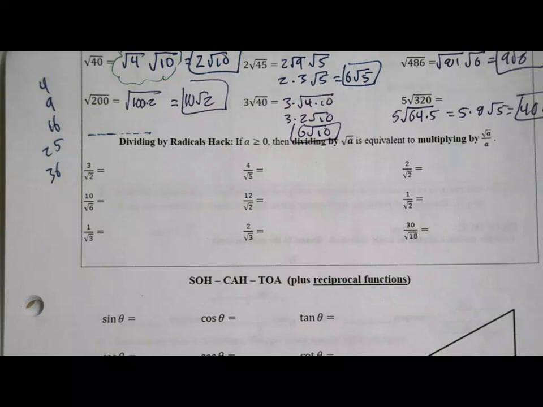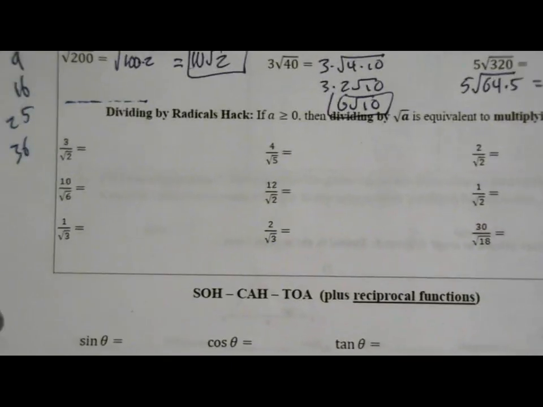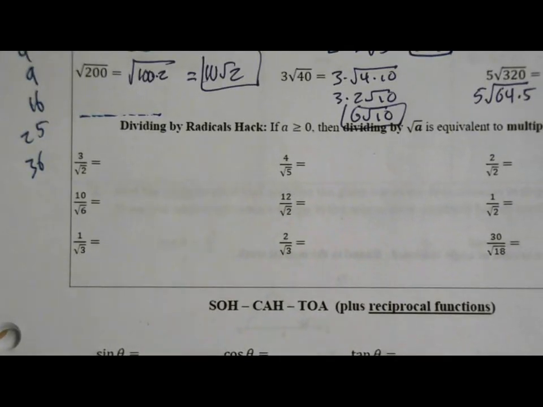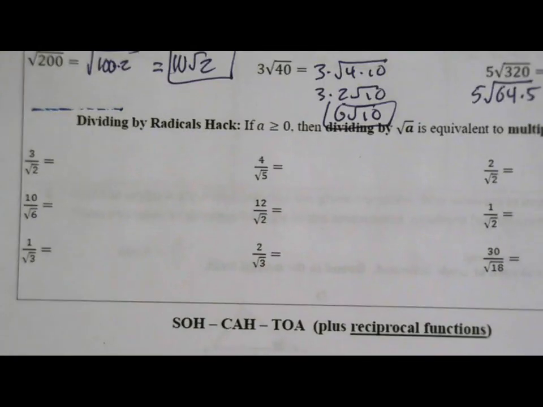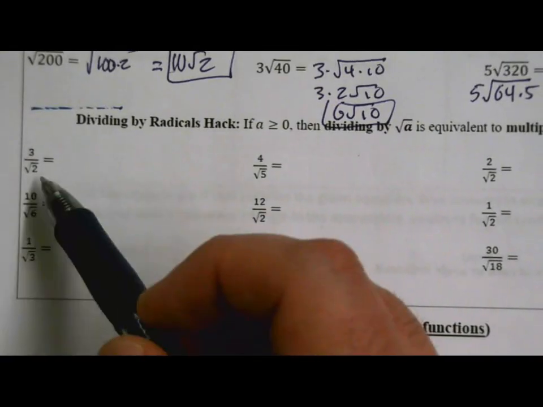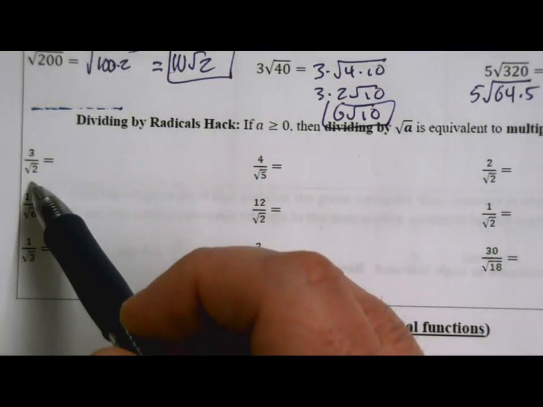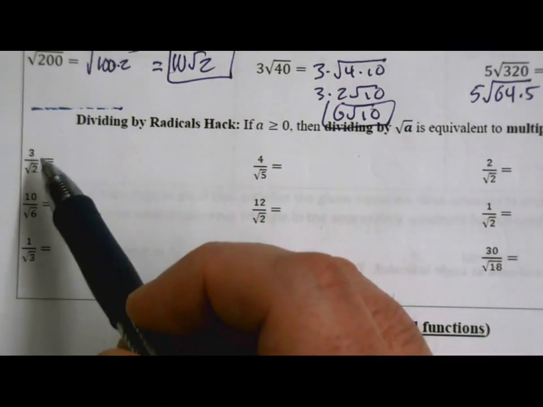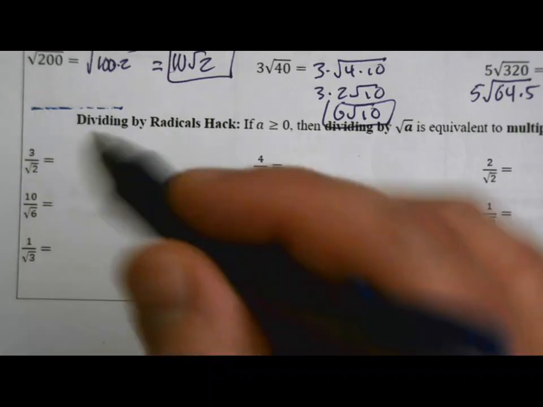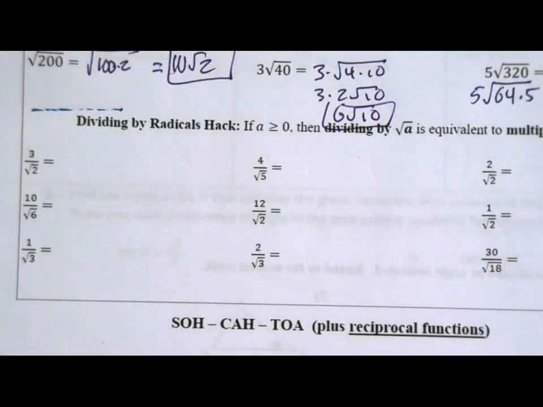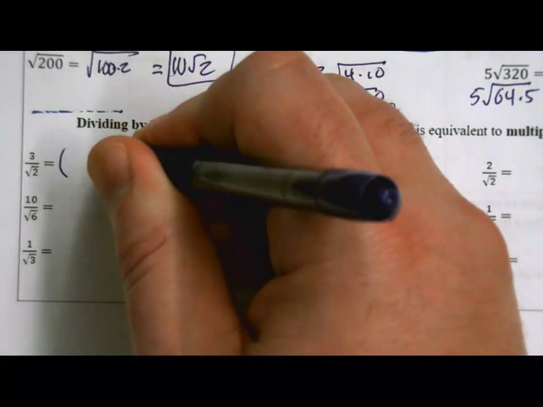Back to radicals. Okay, you have learned how to rationalize, and for this first one, I'm going to show you the good old-fashioned way of rationalizing denominators. You've all learned that we can't have radicals on the bottom of a fraction or fractions inside of radicals, so we've got to deal with that, and the way that you've dealt with it in the past is you multiply it by a fancy version of 1, right?